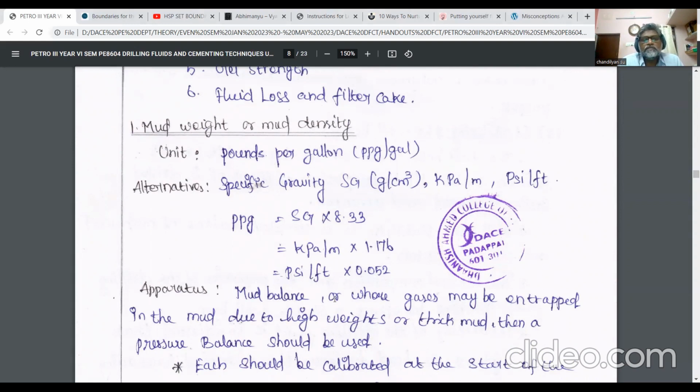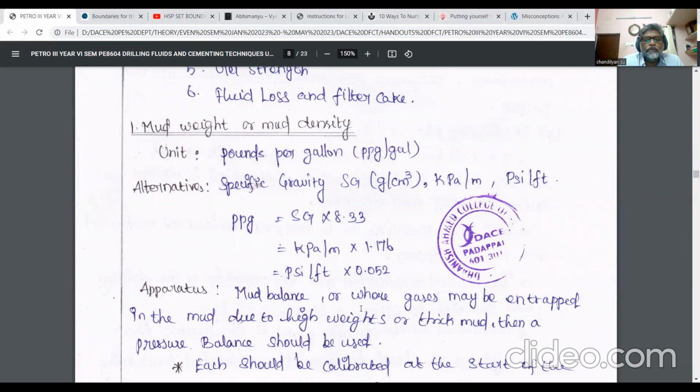We know what is a mass, we know what is the weight, we know what is the density. These are self-explanatory terms which we came across in schooling. The unit for mud weight or mud density is interchangeably used. Weight and density are not the same conceptually, but they are interchangeably used. But we got to watch for the system of units. The unit is pounds per gallon.